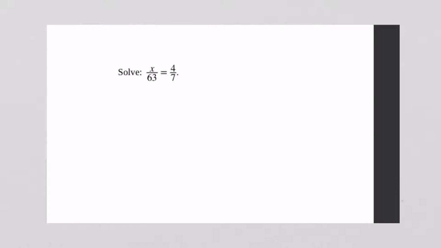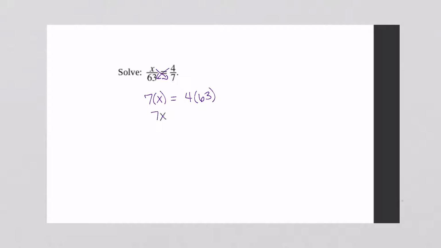Okay, so understanding that cross products are equal to each other helps you solve equations that are set up like proportions. So in this one, if I'm going to solve for x, I can cross multiply. So I've got 7 times x, and that is equal to 4 times 63.